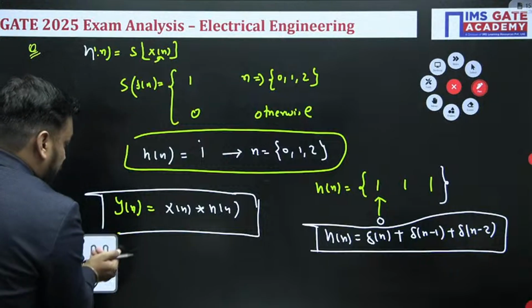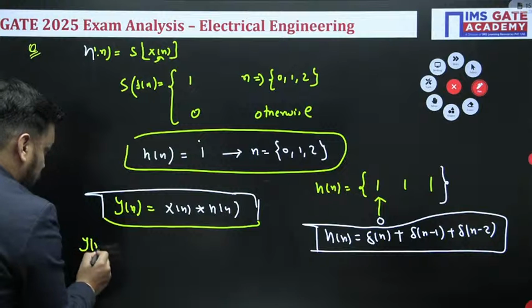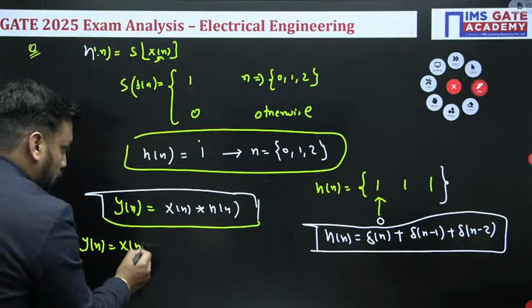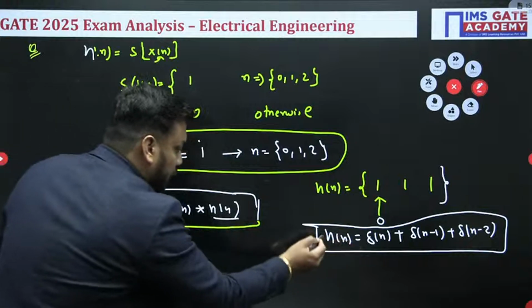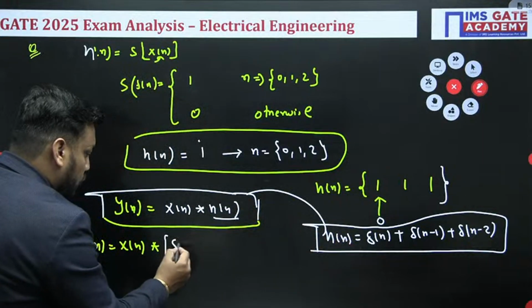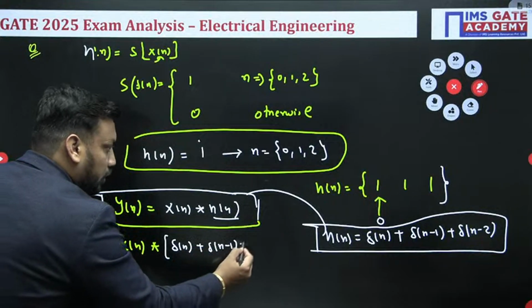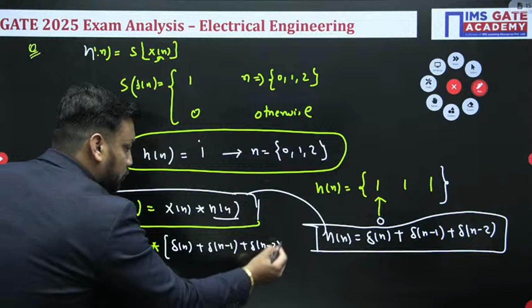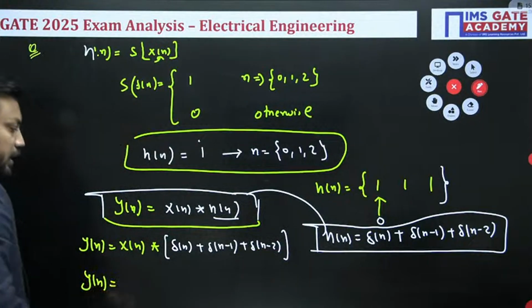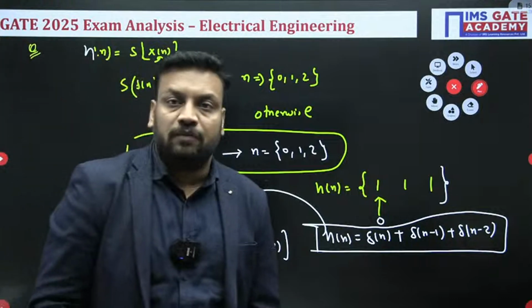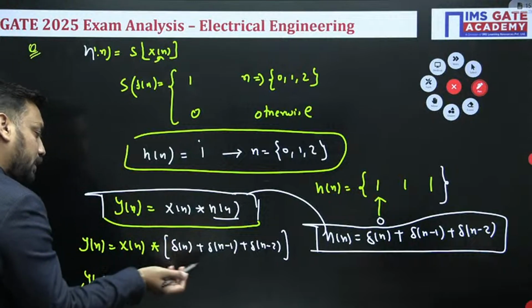Then what is y of n finally? y of n is x of n convolution with h of n, and I can put the h of n value from here: del of n plus del of n minus 1 plus del of n minus 2. Here you just need to apply the distribution property and convolution with shifted impulse. x of n convolution with del of n is x of n only.